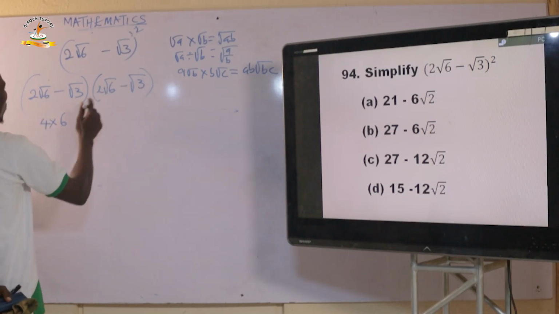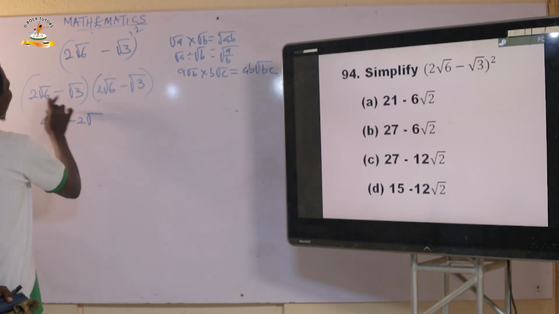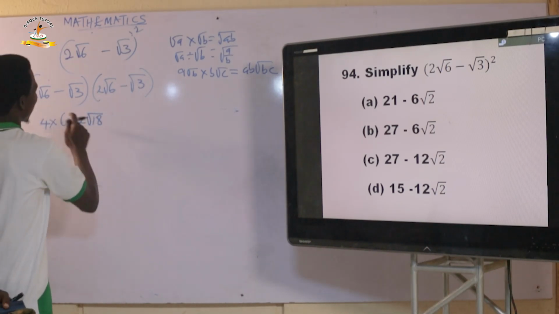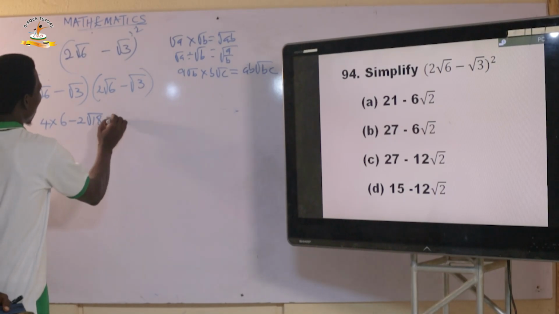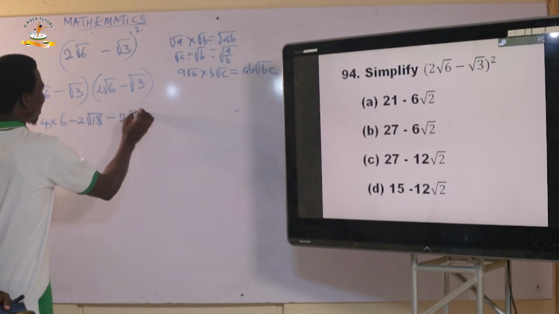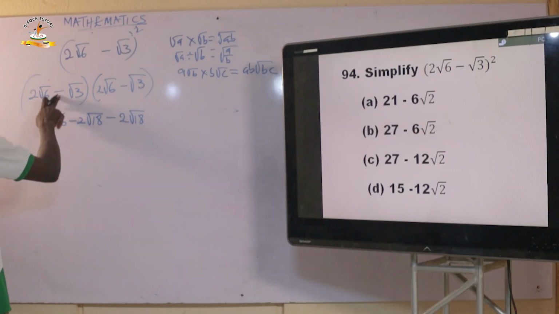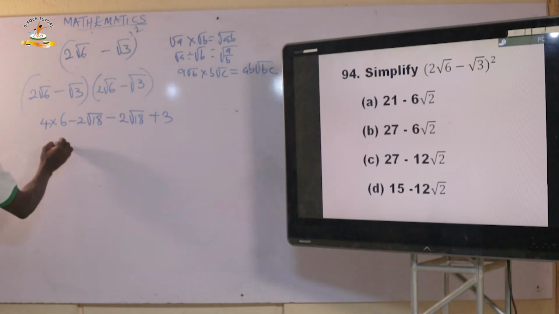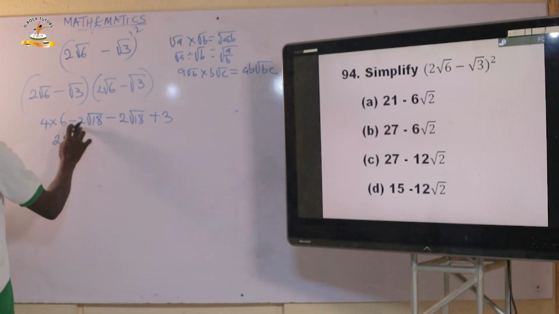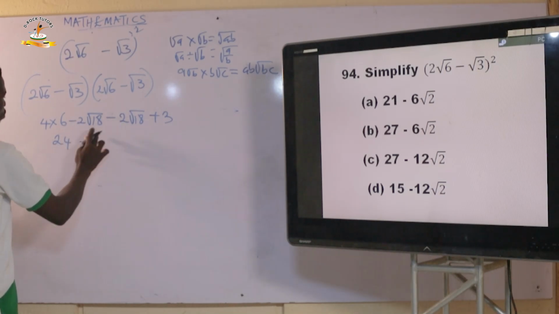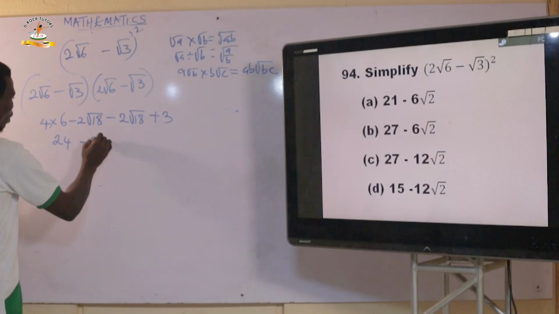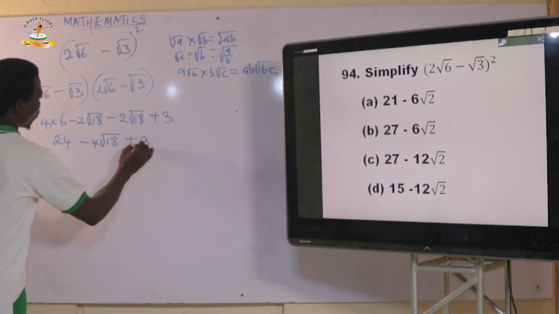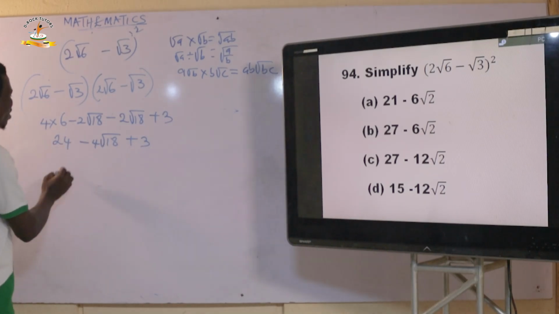Minus 2 root 6 times root 3 is what? Root 18. So minus 2 root 18. Then this one we use to multiply, that is another minus 2 root 18. And finally, minus root 3 times minus root 3 is what? Plus 3. So we have 24 minus, this is minus 2 minus 2, so it becomes minus 4 root 18. Then plus 3.